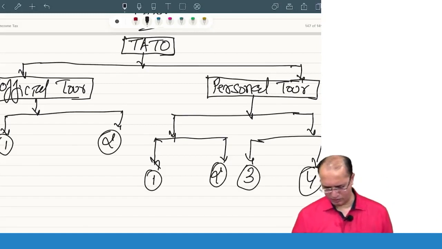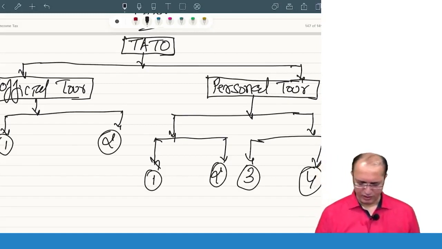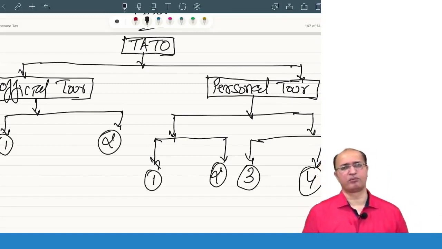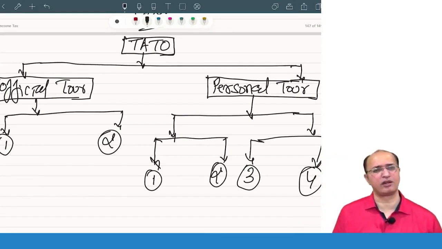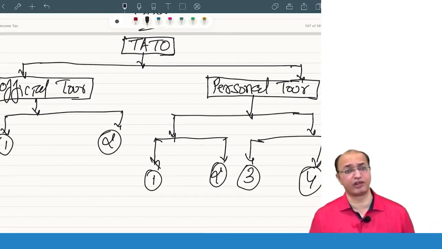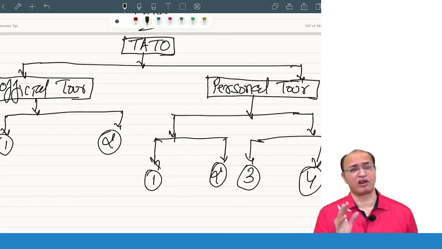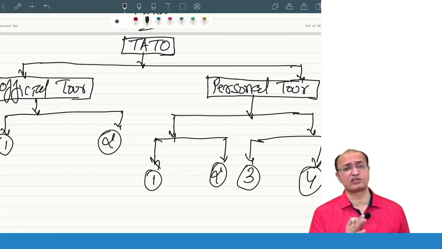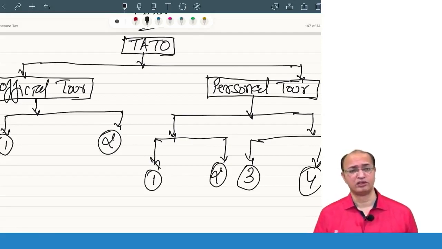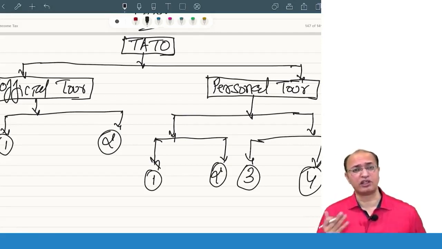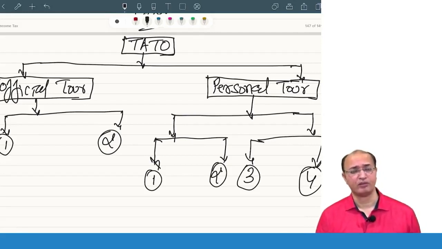First of all, we'll move on to the left hand side. Some cost is incurred with respect to traveling, accommodation, touring, other expenses when you are on an official tour. Whenever you are on an official tour, there is no personal benefit to you. There is no personal advantage. So nothing should become taxable to you.